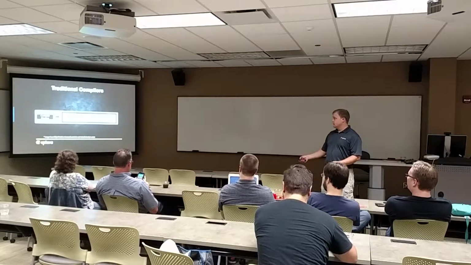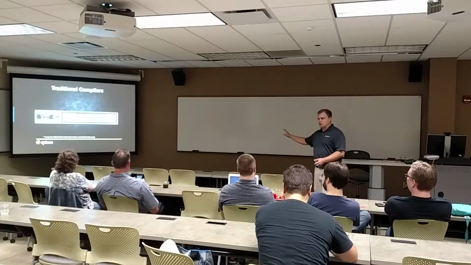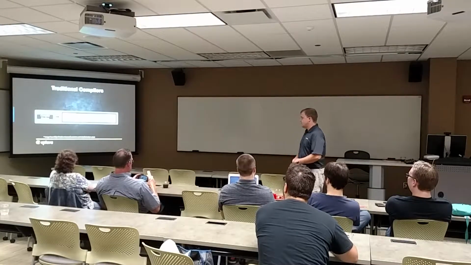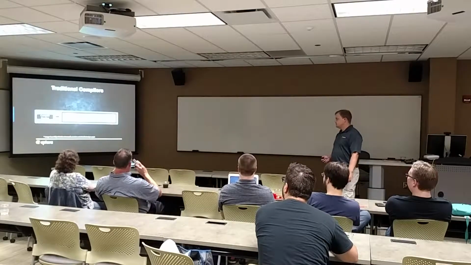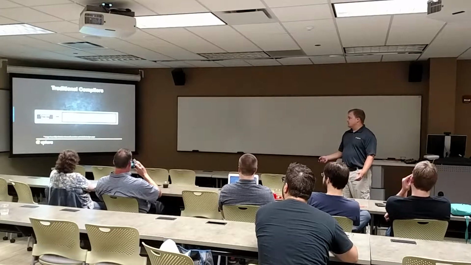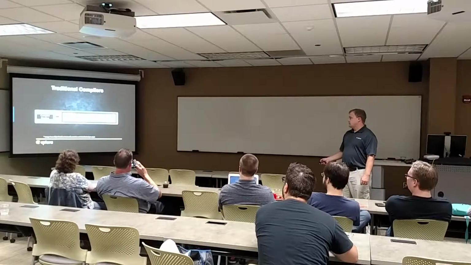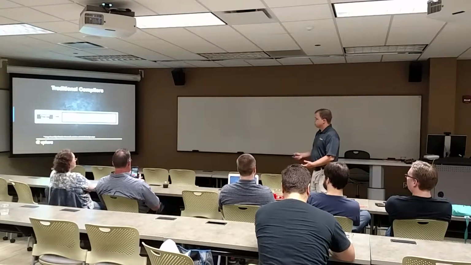Code would go in one side of the black box, and an executable would come out the other. Technically, it was an IL assembly, but we can think of it as an executable. Inside that black box, it would parse out the symbols, bind up all the symbols, and then finally emit some kind of executable.